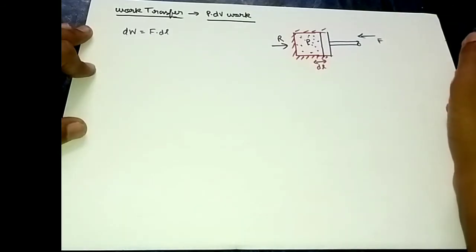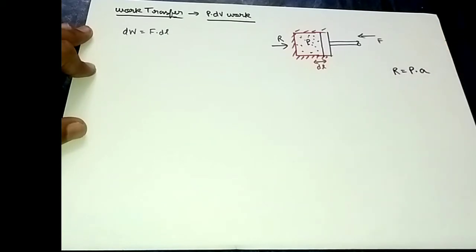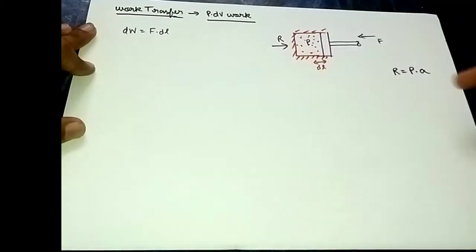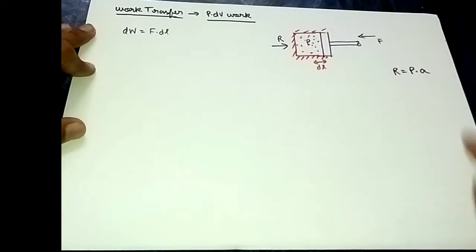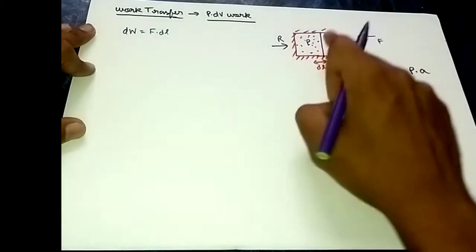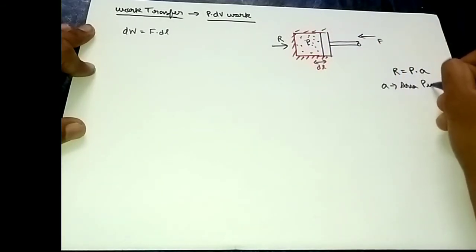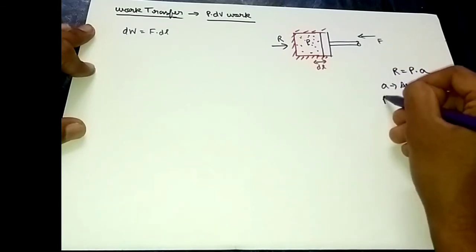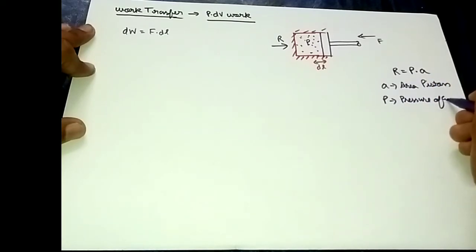The reaction force R will be equal to P into A, because the reaction force is pressure into area, where P is the pressure of the cylinder and A is the area of the piston.